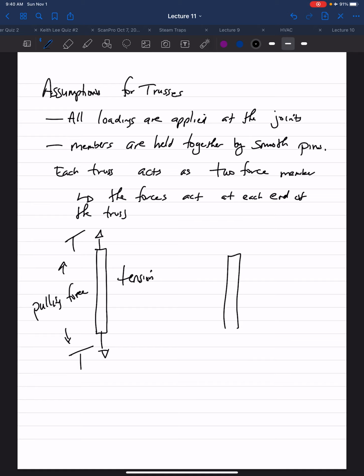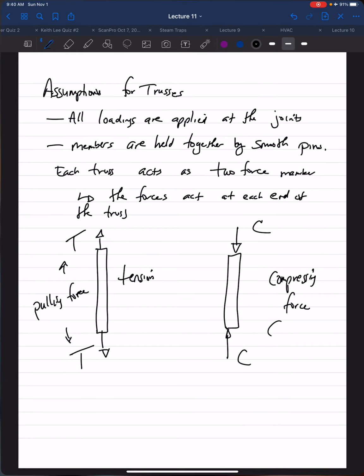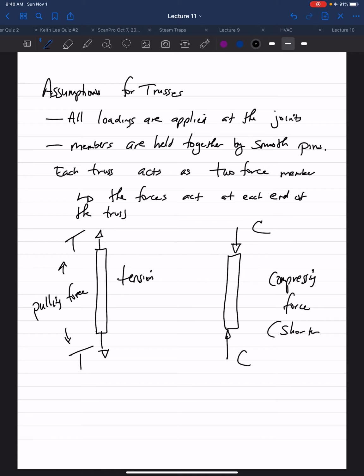Likewise, if the same member is experiencing a compressing force, tending to shorten the member, then this member is under compression.